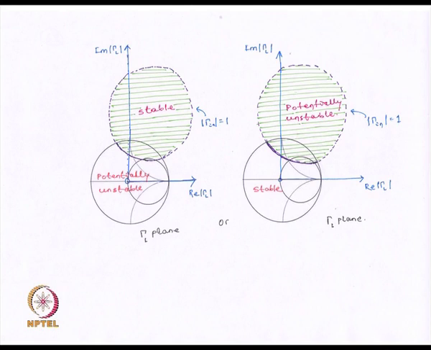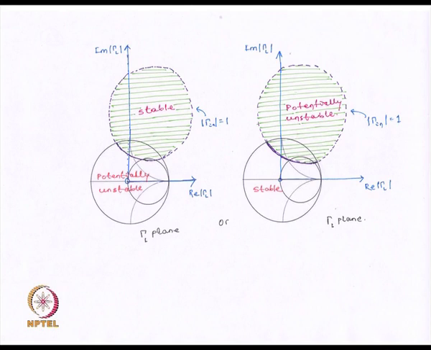Since S11 is the value of gamma in at the origin, if the modulus of S11 is lesser than 1, then the point gamma L equal to 0 is stable. On the other hand, if the modulus of S11 is greater than 1, then the point gamma L equal to 0 is potentially unstable.